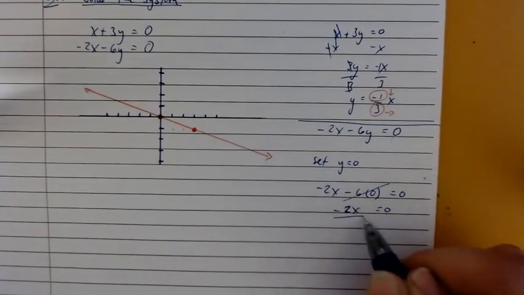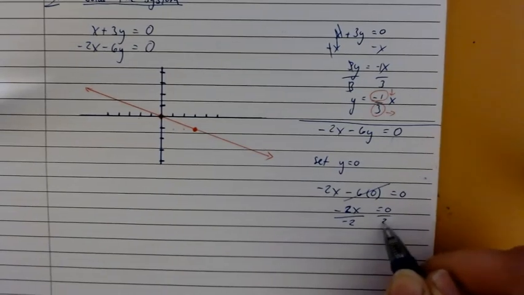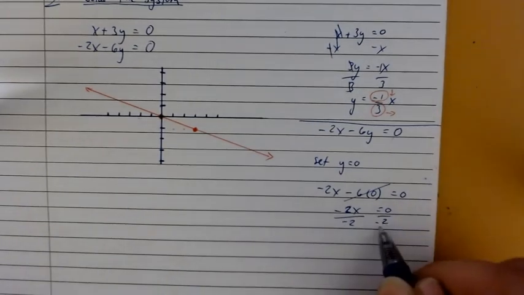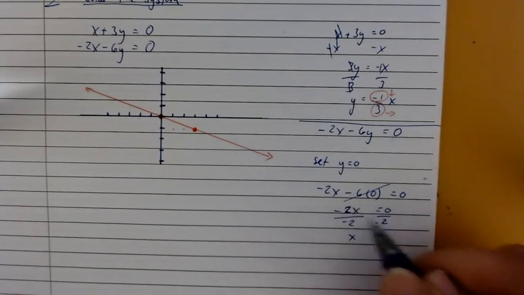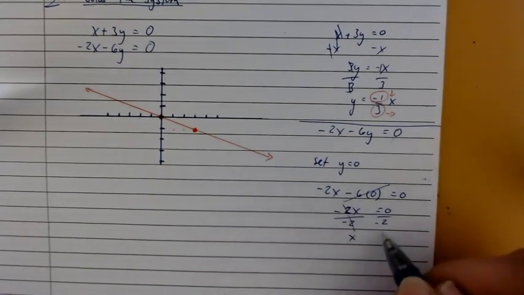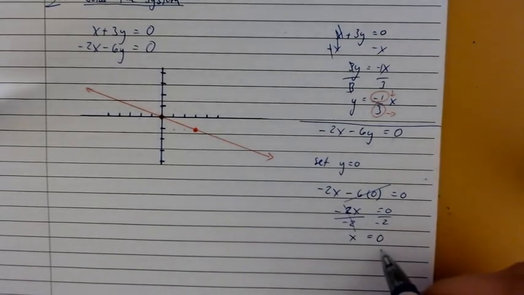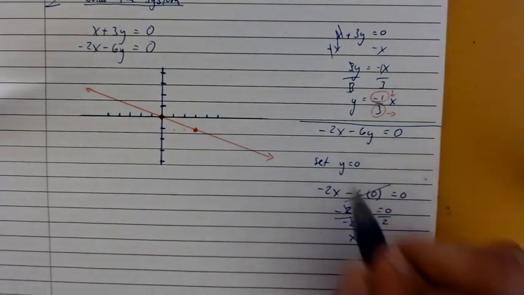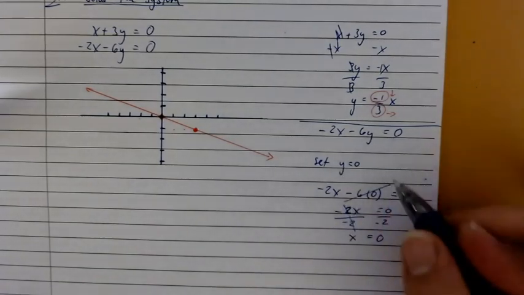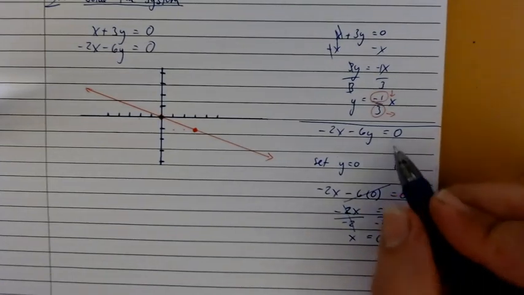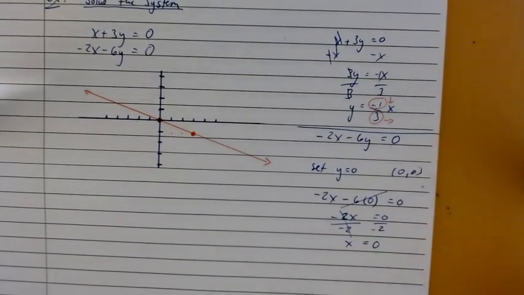And to get that x by itself, I can divide both sides by negative 2. Oh, sorry, there should be a negative 2. And so that gives me x by itself now. Here, 0 divided by some number is still going to stay 0. Okay, so there we go. When x is equal to 0, y is equal to 0. That's going to be one solution to this second equation. So 0, 0. That's a point they have in common.